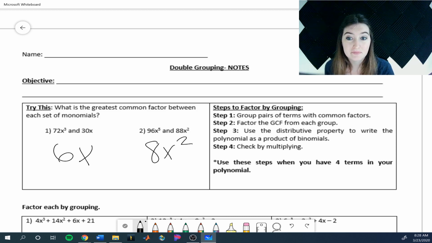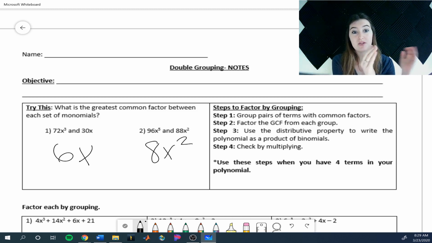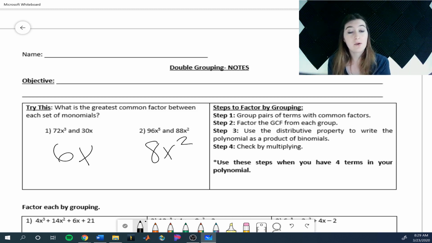All right. This is basically what we're going to be doing today, but we're bumping it up an extra level to double grouping. First, with double grouping, we're going to group pairs with their common factors, because we're going to be given probably 4 terms, and we're going to have to group: these 2 terms have common factors, these 2 terms have common factors. Then, just like in our try this, we're going to factor out the greatest common factor from each group, and then use the distributive property to write the polynomial as a product of binomials.